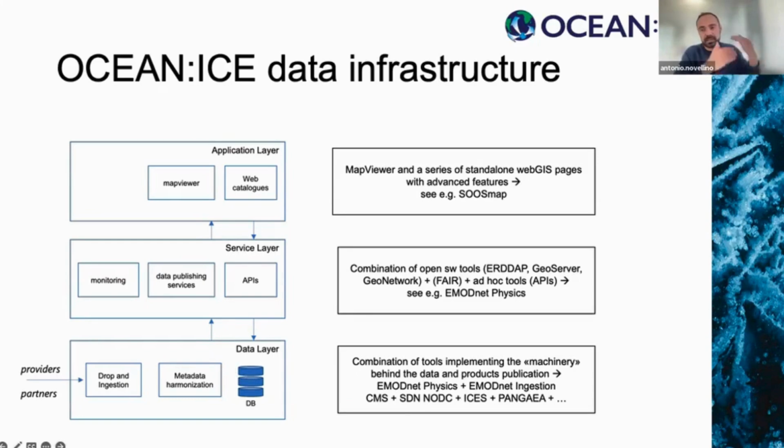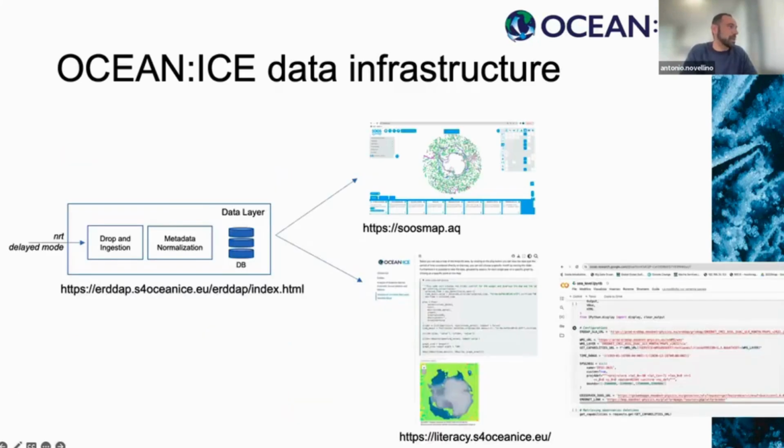And then on top of this, we implement the application layer that is really the map viewer or other services that we can have in order to present and interact with the data that we are producing. So in the end, we have already deployed this kind of infrastructure.